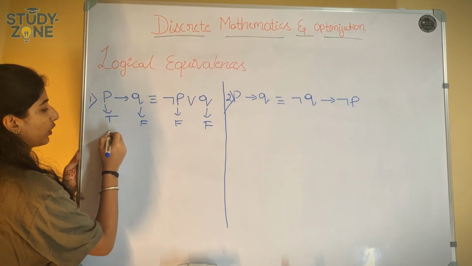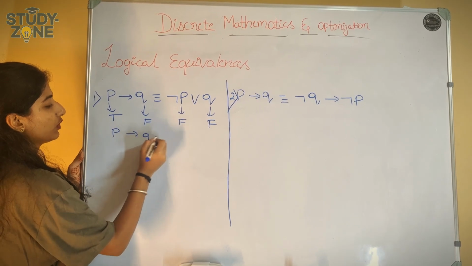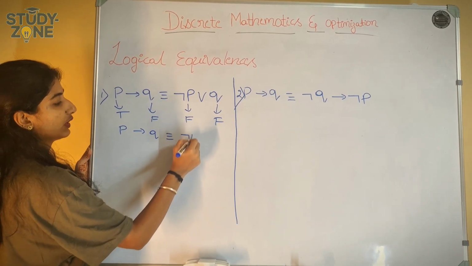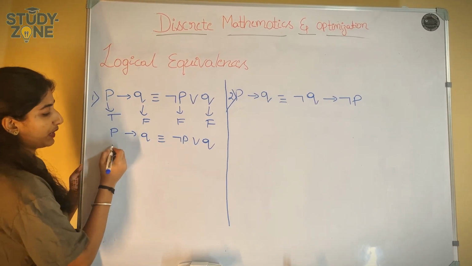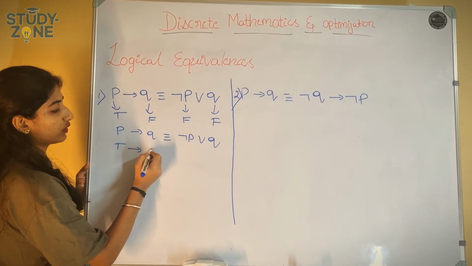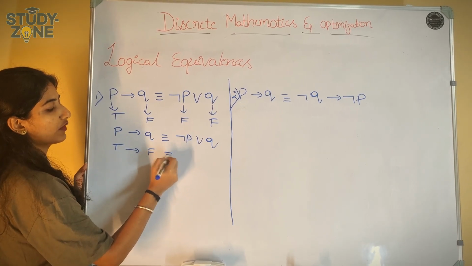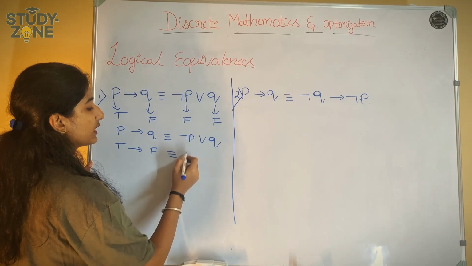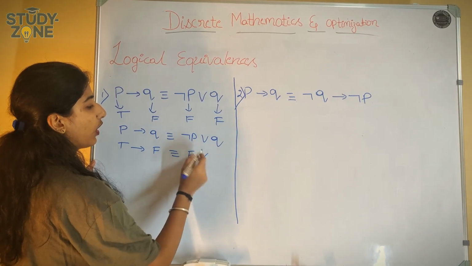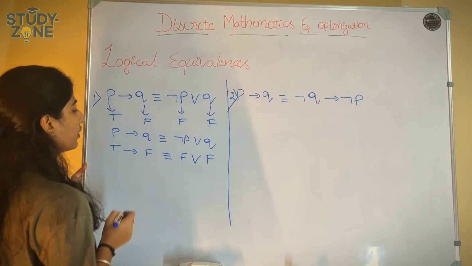Therefore, let us start solving. P implies Q, which is logically equivalent to not P or Q. P means true and Q means false. We have to check whether they are logically equivalent. Not P means false or Q, that is also false.